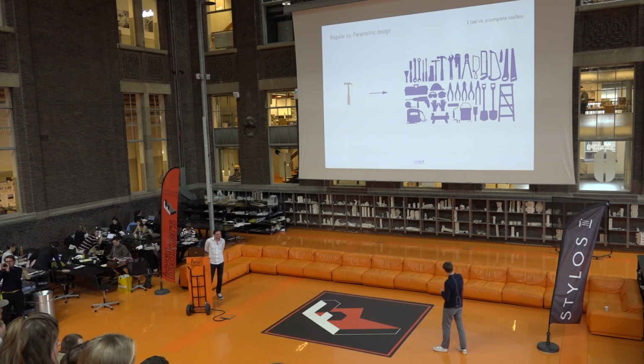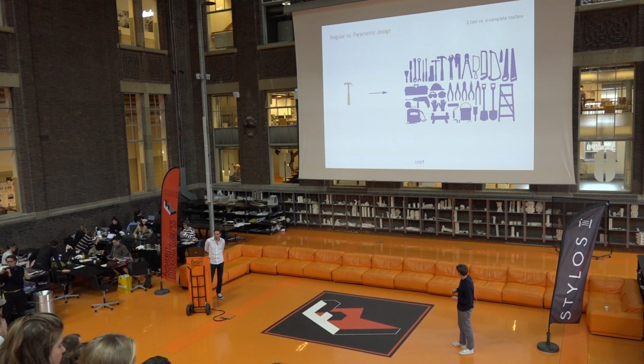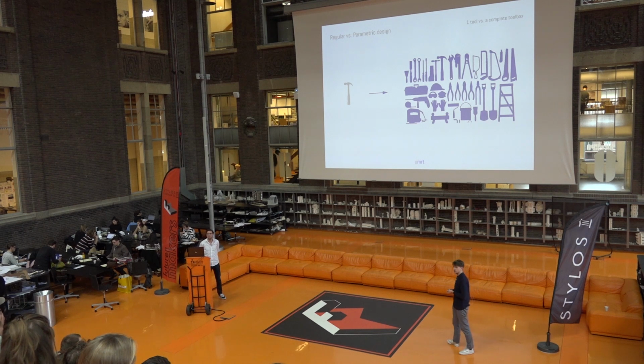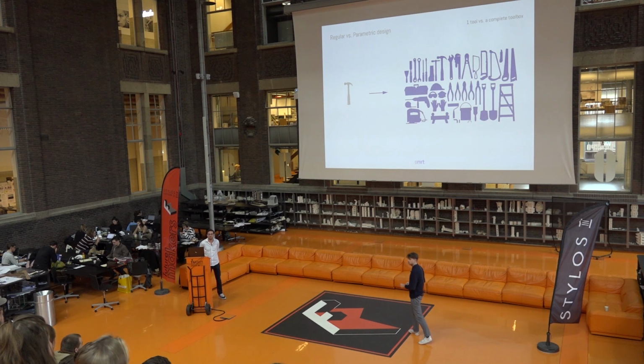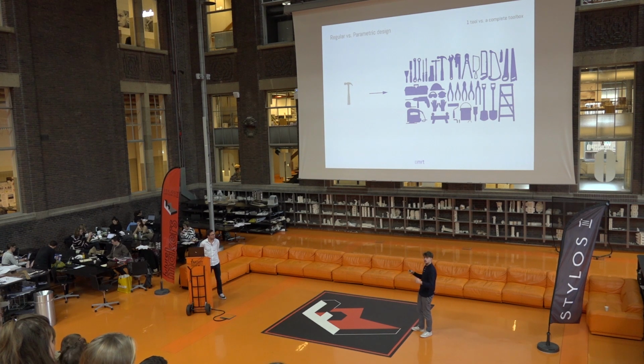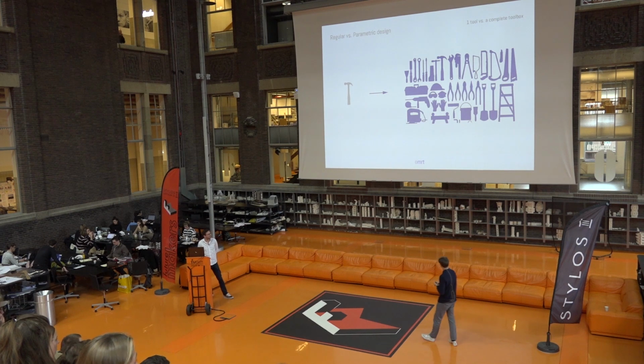Well, this is an example we always show between the difference between parametric design and regular design. So parametric design is a part of computational design where you iterate through a lot of designs and can search throughout a lot of variants.